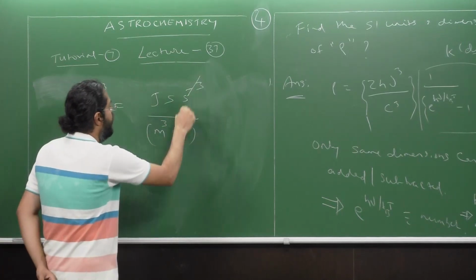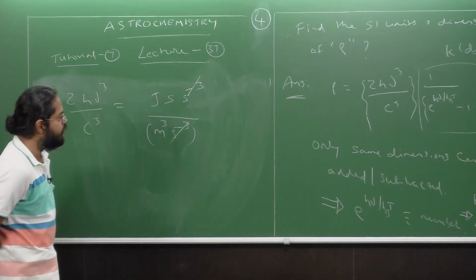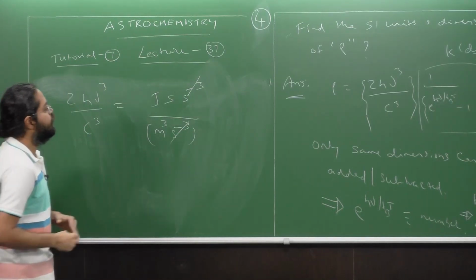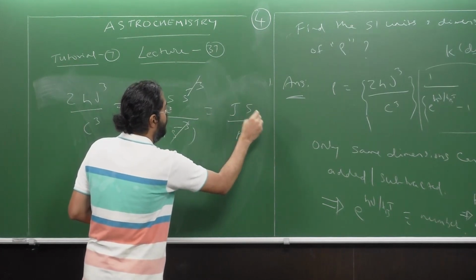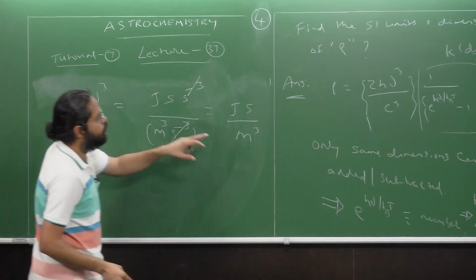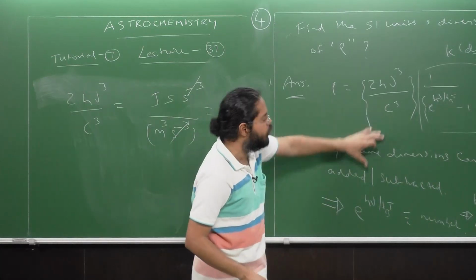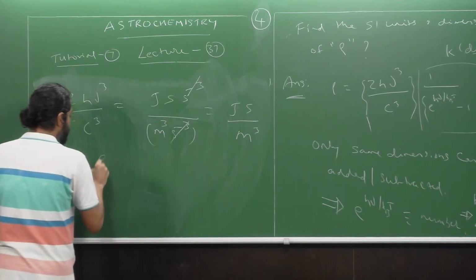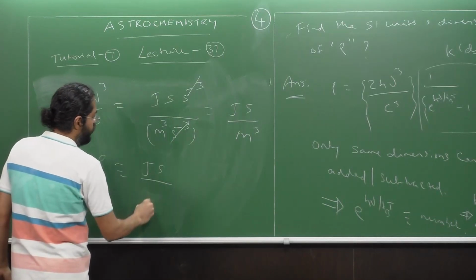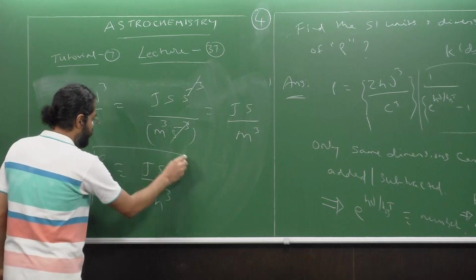So we get rid of all of these quantities, and what we are left with is joule seconds per meter cube. This quantity has no units overall, so the net unit of rho is going to be joule seconds per meter cube.